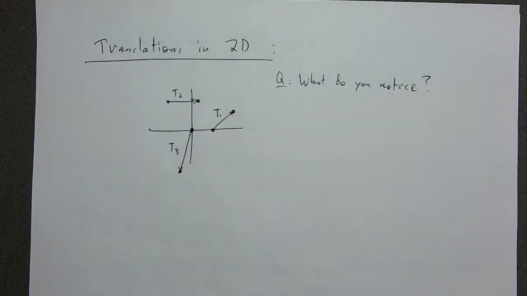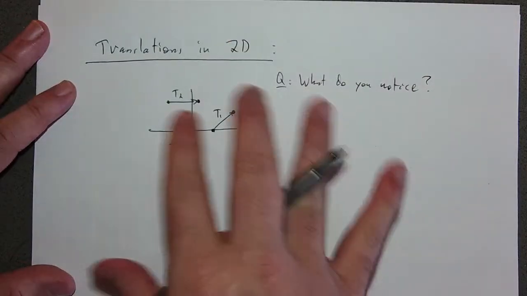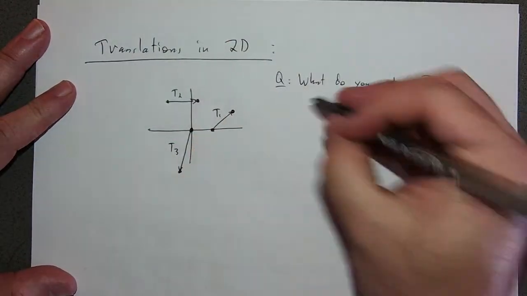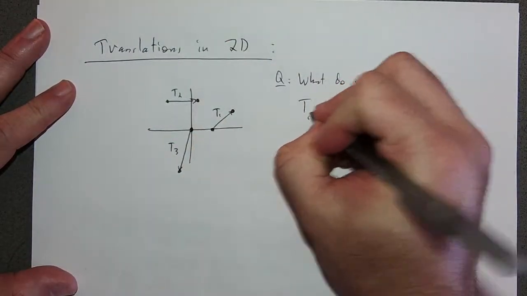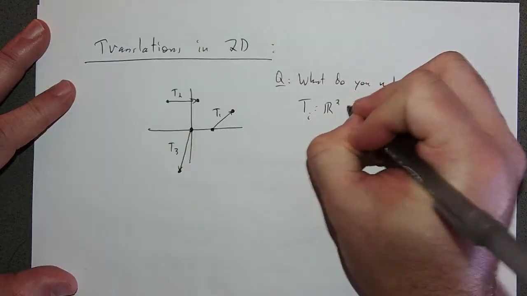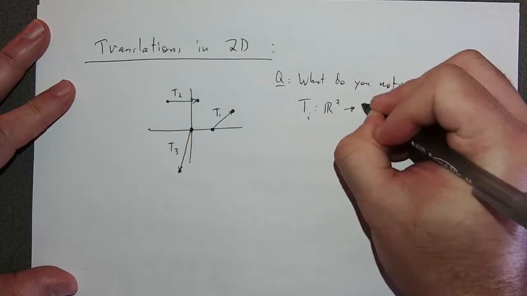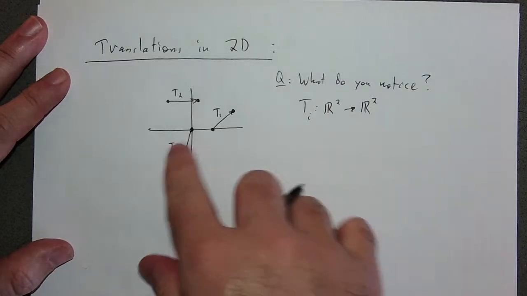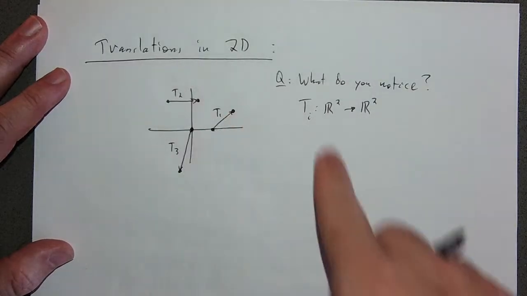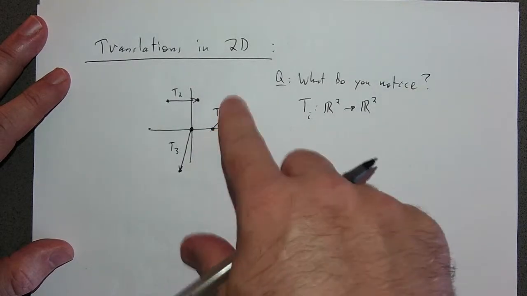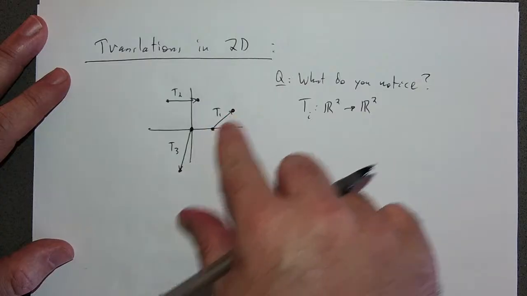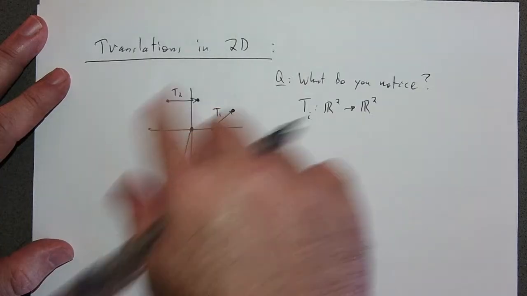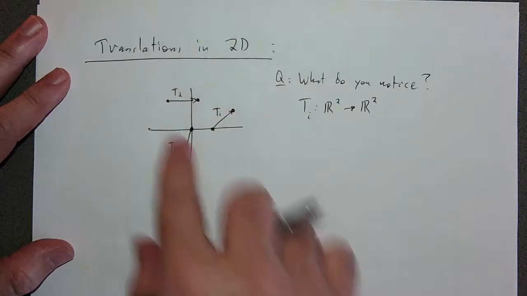So when you talk about the translation as a map from, say, R2 to R2, this t sub i goes from R2 to R2. When you're talking about any of these transformations, you're saying that it takes any point in the plane and shifts it by that vector. So this point gets shifted there, this point will get shifted there, and so on. Every single point will get shifted by the same vector.